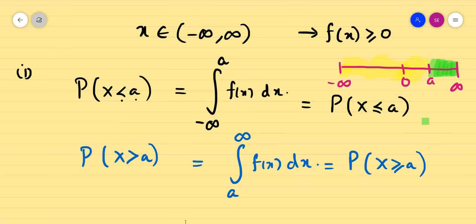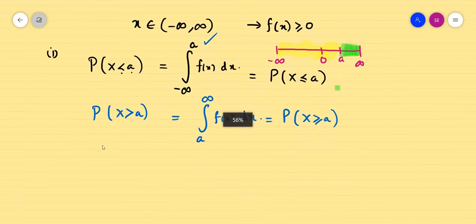Do you remember I said real number system? What is the next number after 1? I cannot say. If it is an integer, I can say the next number after 1 is 2. So x less than a or less than or equal to a is the same, and x greater than a or greater than or equal to a are the same in a continuous random variable.